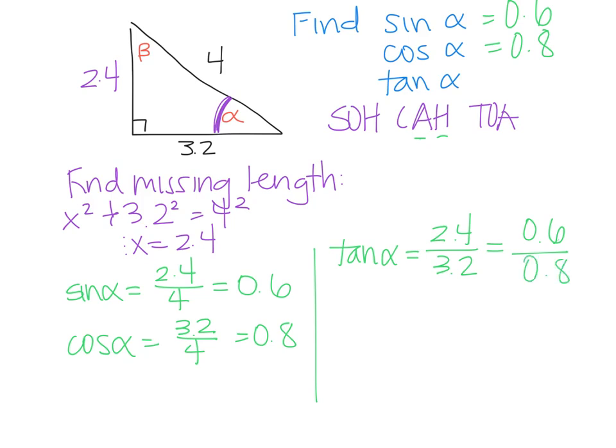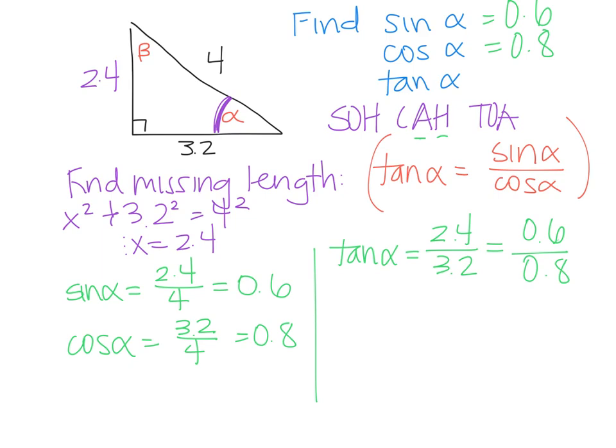What do you notice just happened? Well, I have sine of 0.6, well, that's right here. And cosine of 0.8, well, that's right here. So that's going to be an important thing to remember. A side note is that the tangent of anything is equal to the sine of that thing divided by the cosine of that thing. And that's just a good thing to keep in mind.